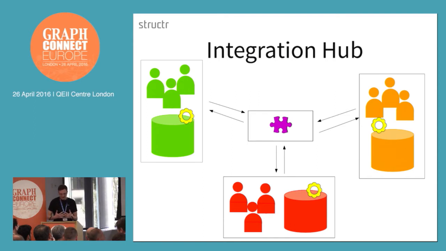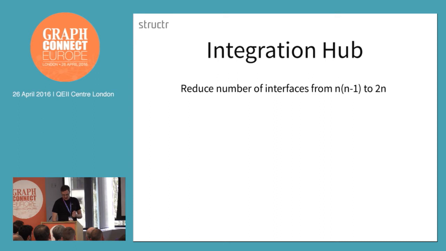One partly good solution, I think the idea came up 20, 30 years ago, was to create integration hubs. Create a central place where you exchange data. You still have to specify interfaces, but only between each IT system and this integration hub. There are different technologies like middleware systems or an enterprise service bus and so on.